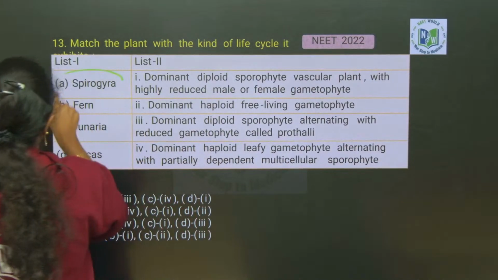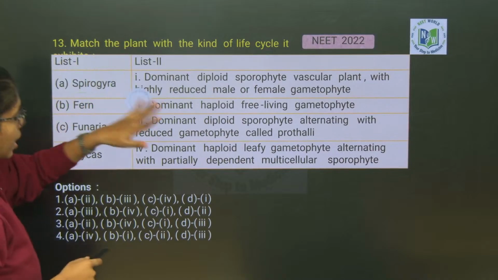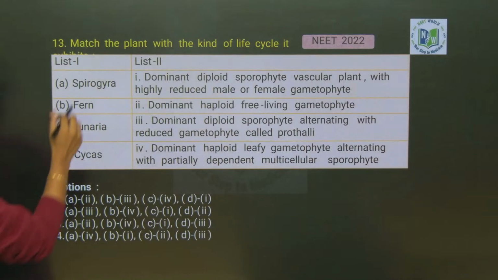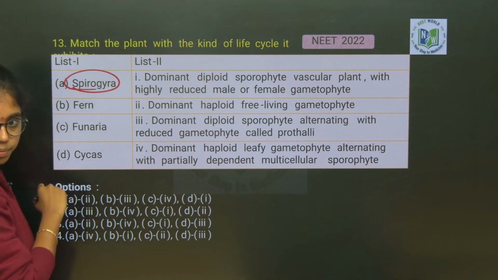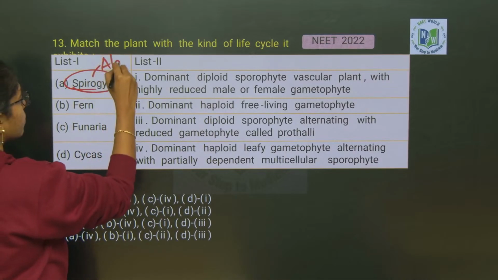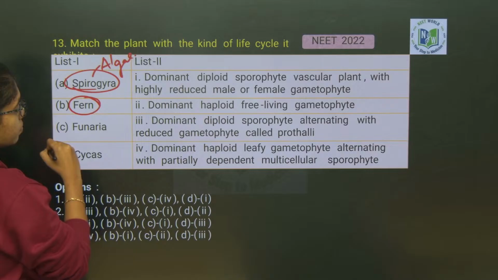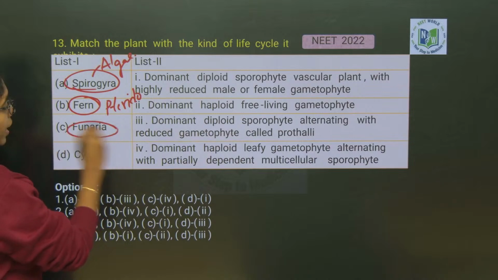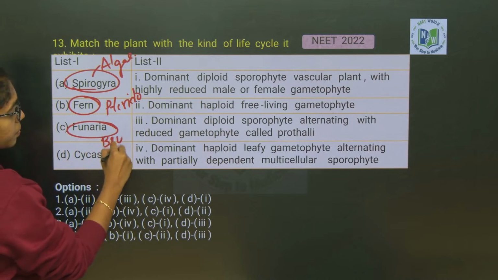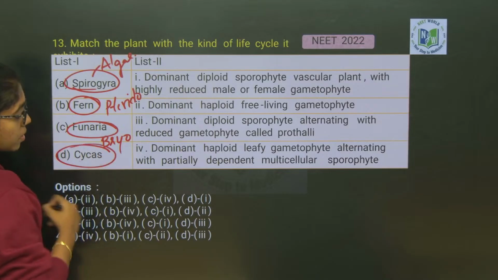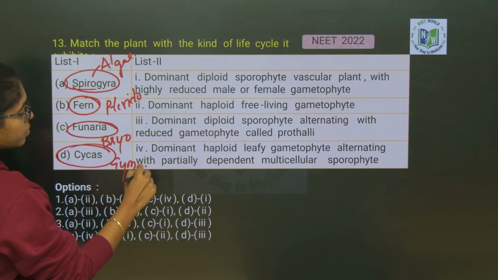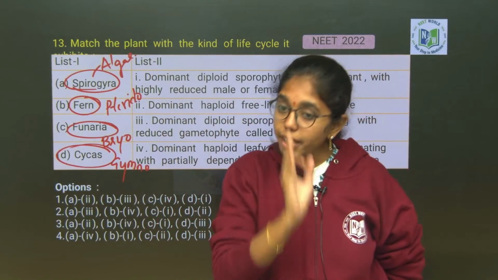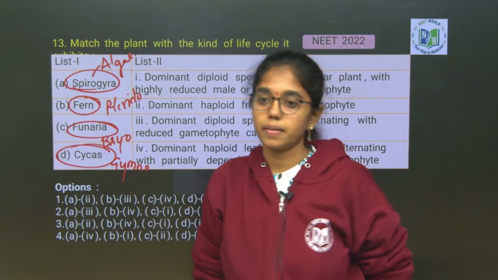First tell me, Spirogyra comes under which division of plant kingdom? Algae. Funaria. Pteridophyte. Funaria. Cycas. Good. Now you answer. Decode the question first. If you decode the question, it will be easy for you to answer.